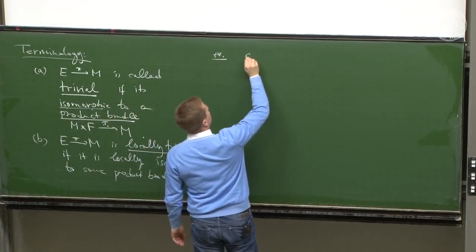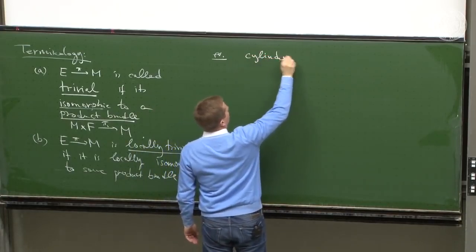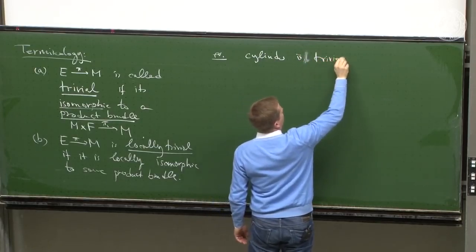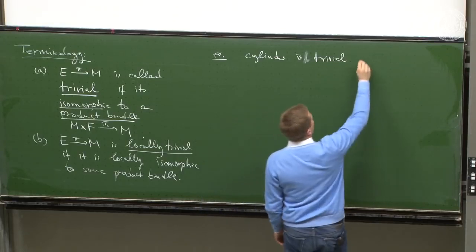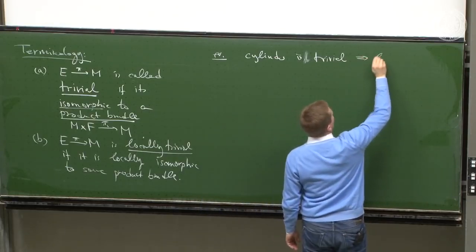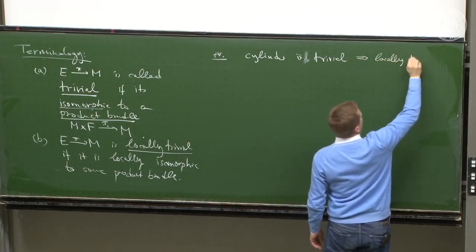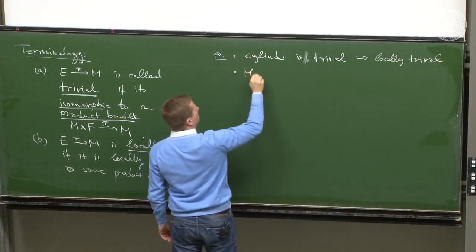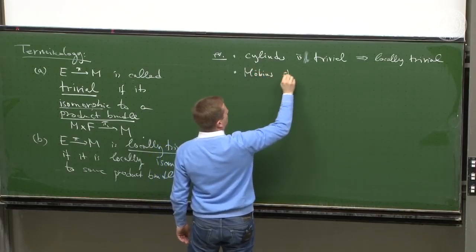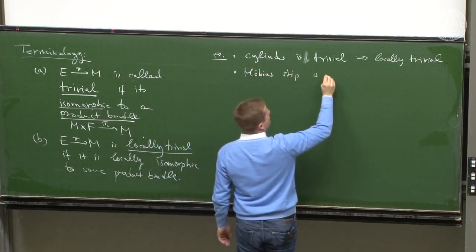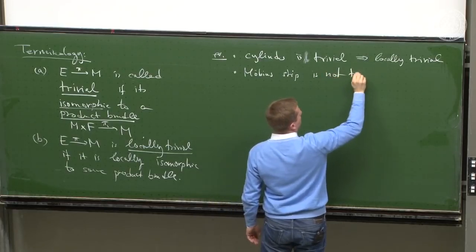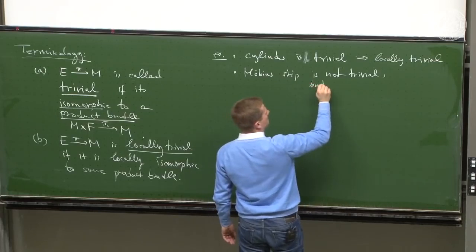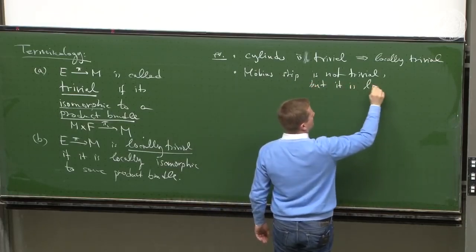So example, the cylinder is trivial as a bundle, and hence also locally trivial. Now the Möbius strip is not trivial as a bundle in this sense, but at least it is locally trivial.